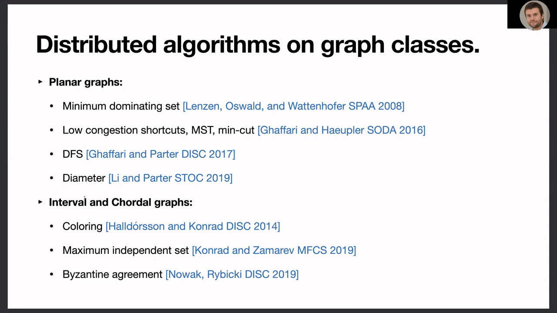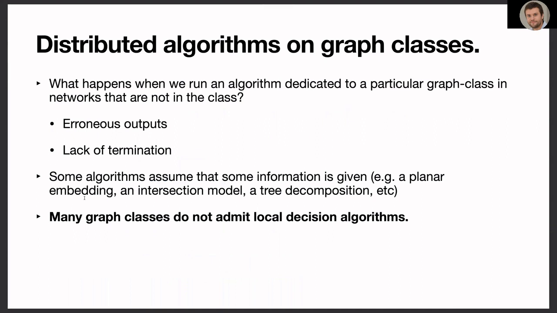So we ask what happens when we run an algorithm that is dedicated to a particular graph class, but the network is not in the class. That could be very problematic, because it can give us erroneous outputs, like with no guarantee of the approximation algorithm, for example. We can obtain lack of termination. We can wait for a message that never arrives or something like that.